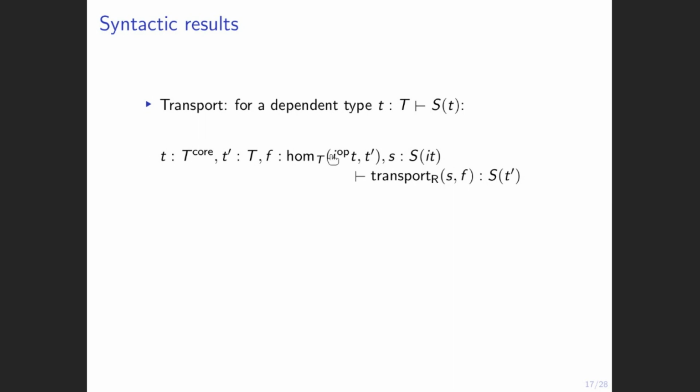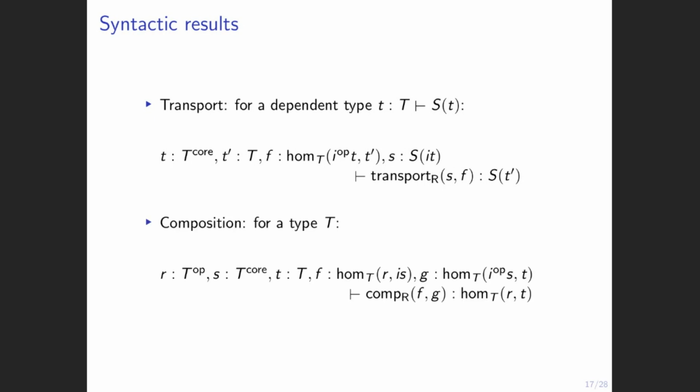If we have an inhabitant over the first guy, then we can transport that over to an inhabitant over the second guy. And just using this, we can compose any two paths. So if we have a path from R into a guy in the core and from this guy in the core into a term T, then we can compose them to get a path from R to T.